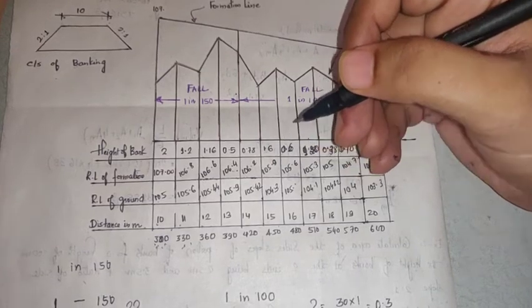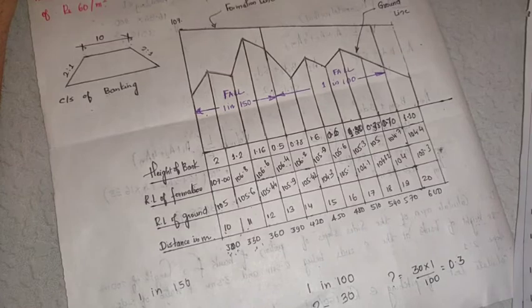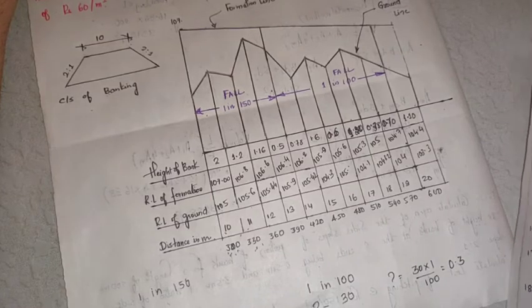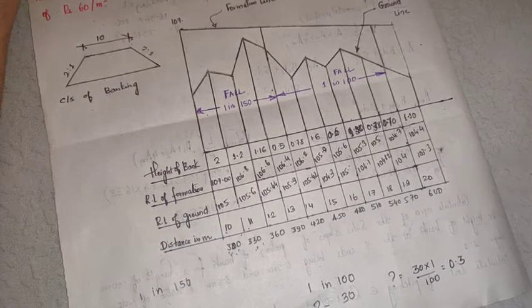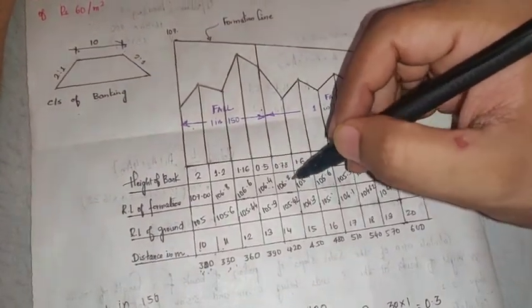Right. Now wait, let me check. Now this is the 14 chainage, up till here 106.2.